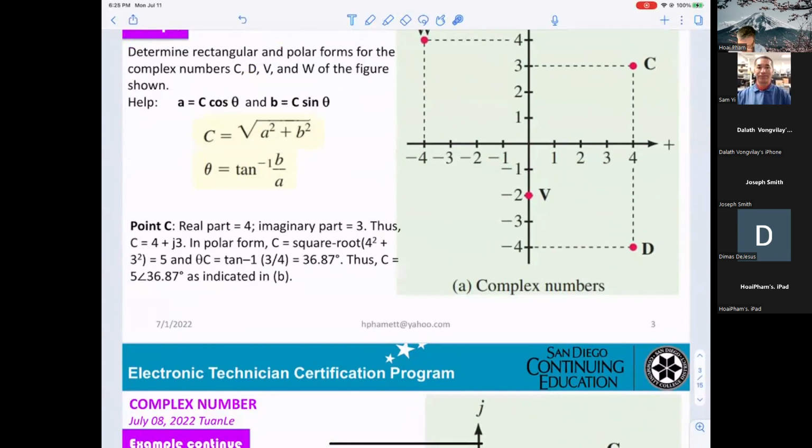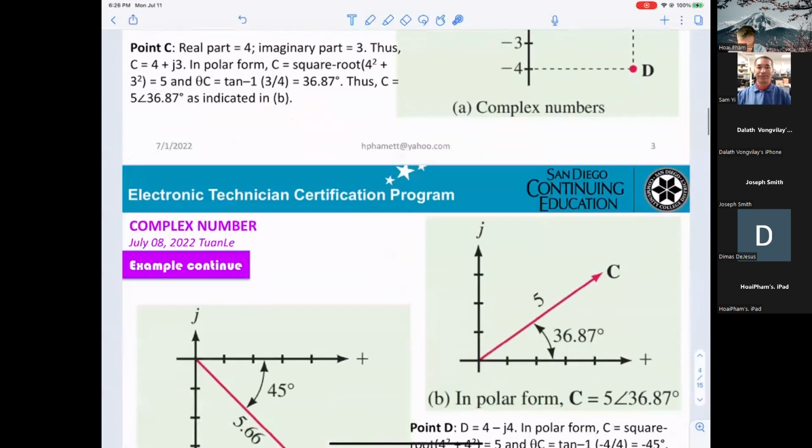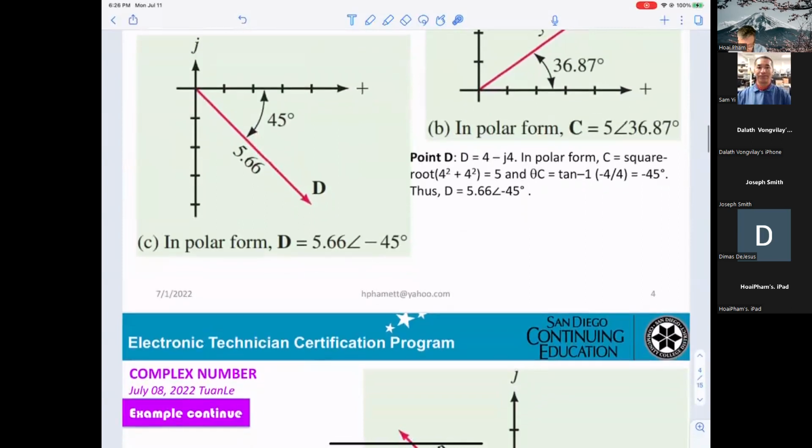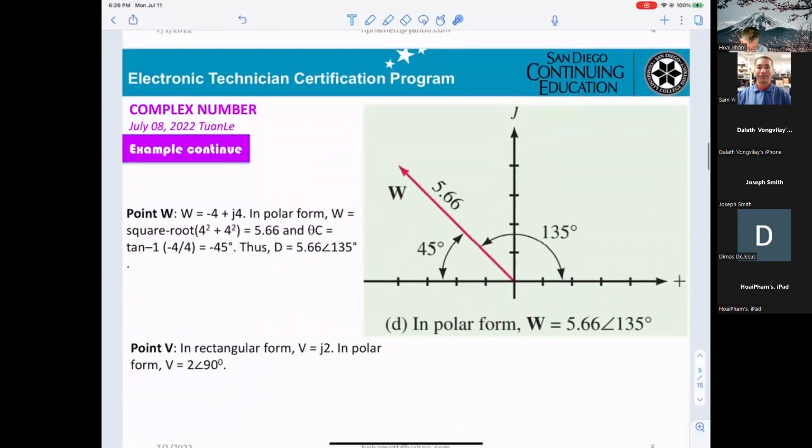On your answer, it looked like they just got J2, but since V is below the x-axis, it should be minus J2. Is that correct? Right. That's from the book.